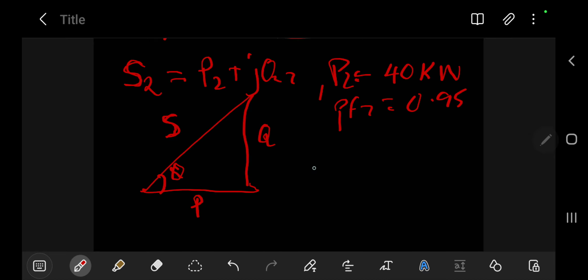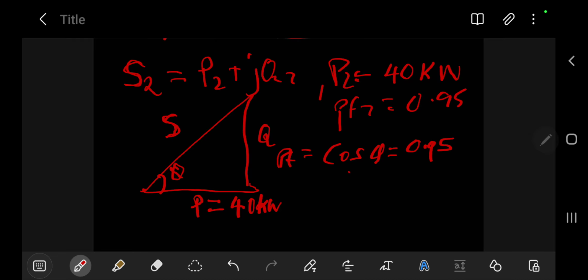So now, with that said, we can easily find this angle here because we have been given the real power to be 40 watts. Now we can say cosine of phi, which is just the power factor in this case, is equal to 0.95.